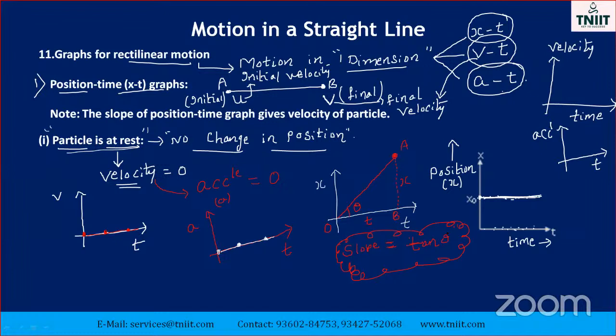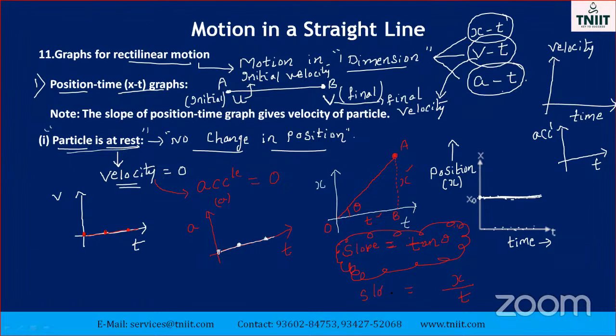So tan theta is nothing but the slope. Now, what is tan theta? It is opposite divided by adjacent, that is x divided by t. So x divided by t, that is the slope.